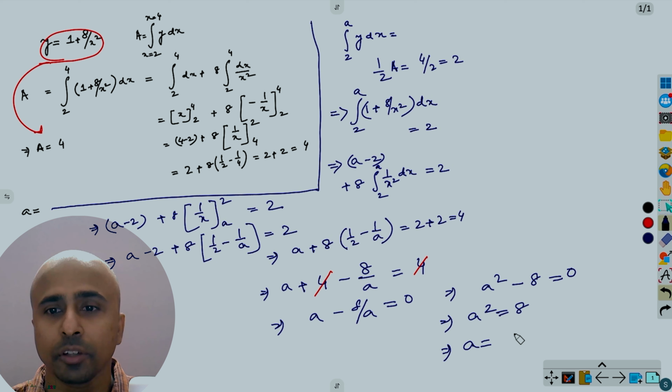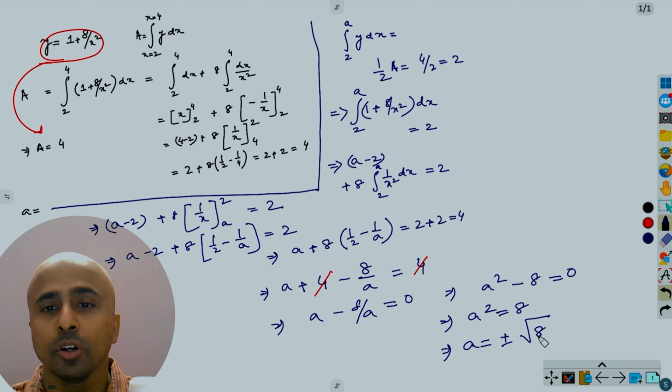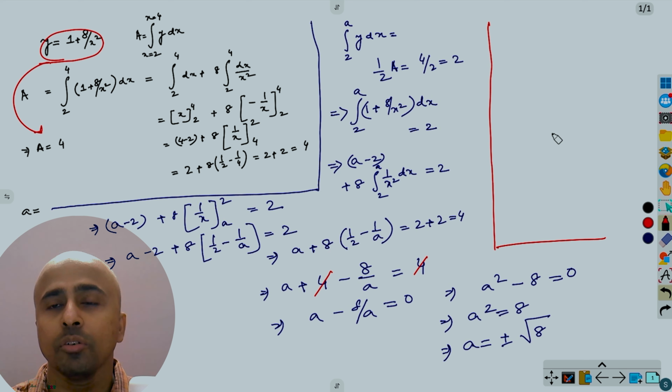And we obtain a equals plus minus square root of 8. Okay. So we have two different values of a. One is a can be square root of 8 or a can be minus of square root of 8.